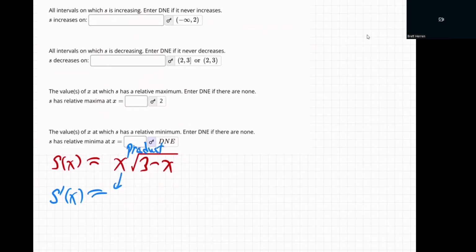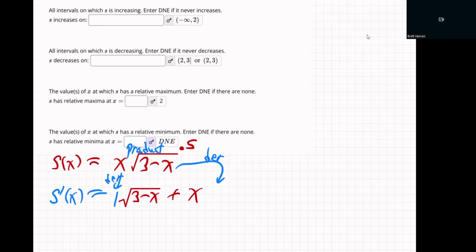So they take turns. The derivative of the first one, times the second one unchanged, plus the first one unchanged, since it's not its turn, times the derivative of the second one. And how do you do the second one? Well, I'm going to make that a 0.5 power, because that's what a root is.